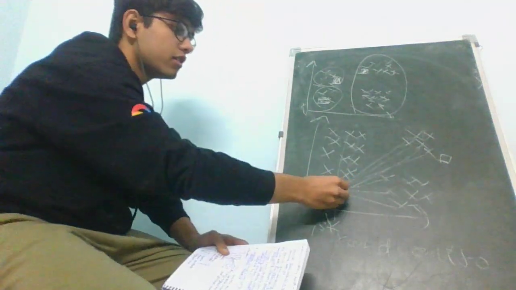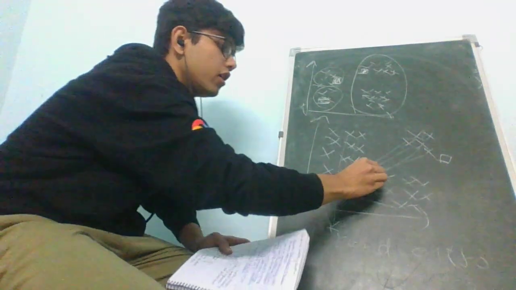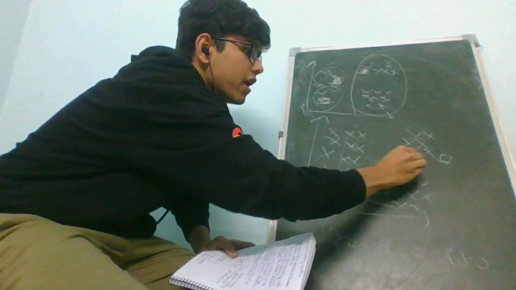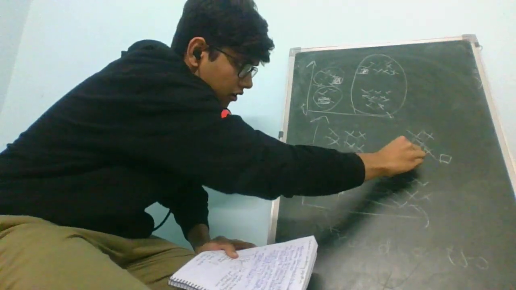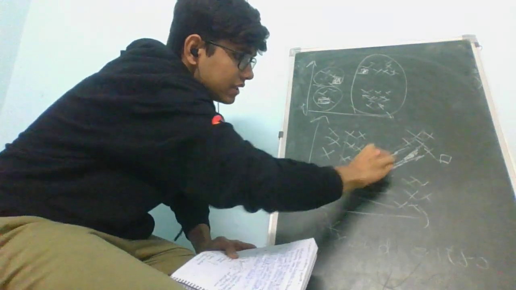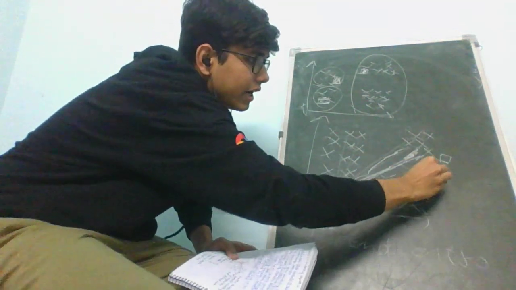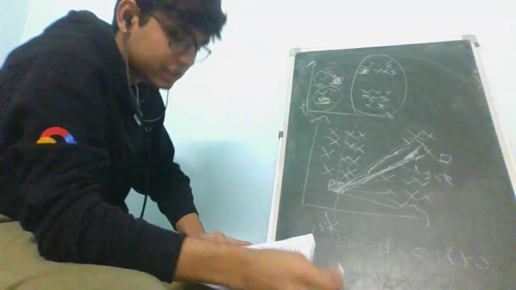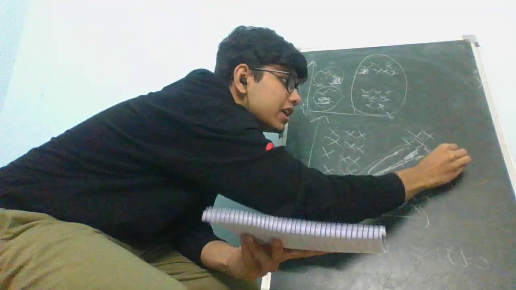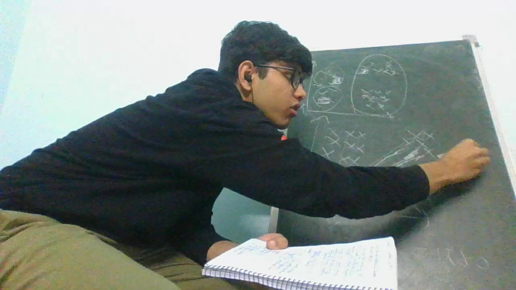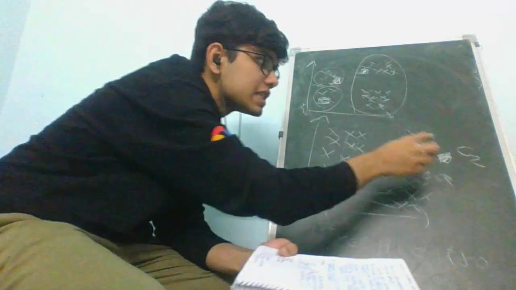I'm representing this by a thickened line. We can clearly see that this distance is the greatest, right? So the greatest distance is selected, and we place a new centroid right here. This was centroid 1 and this is centroid 2.